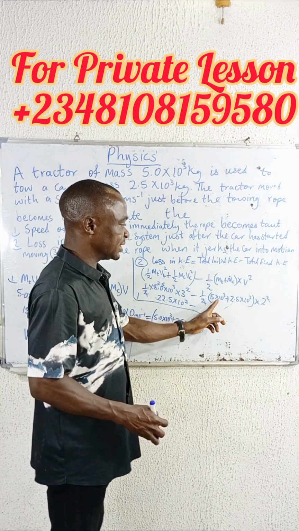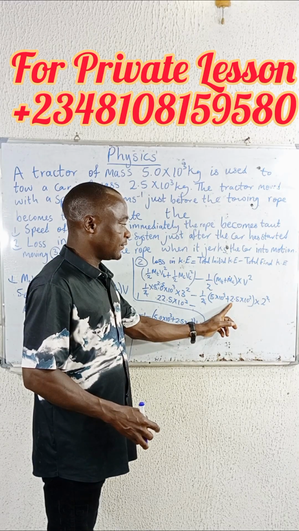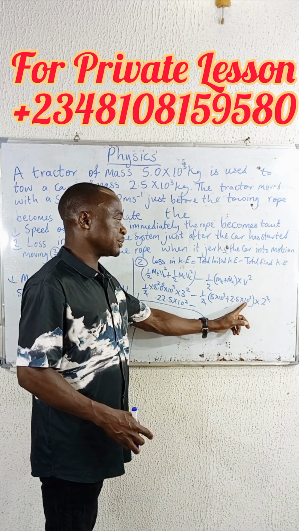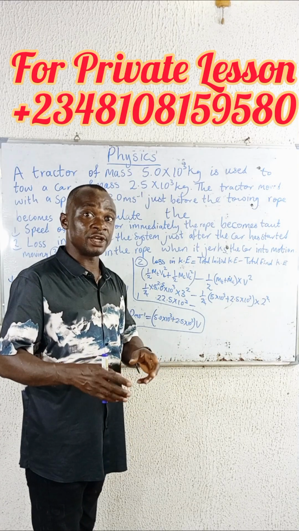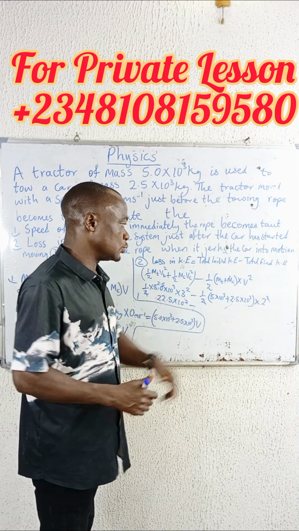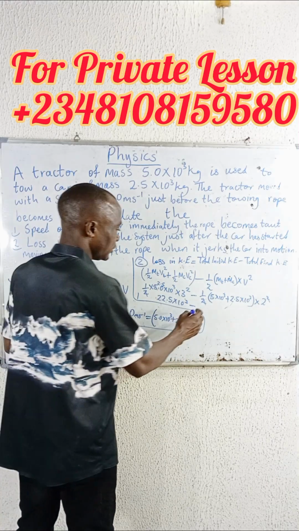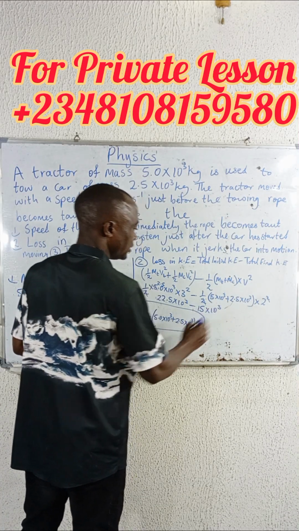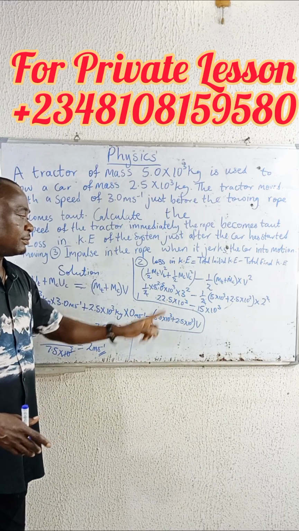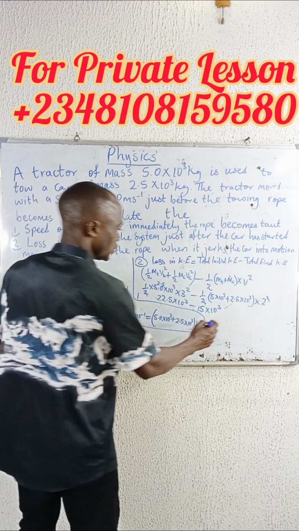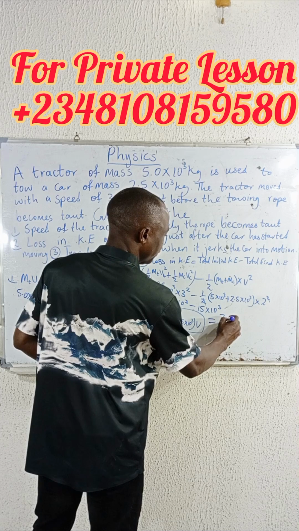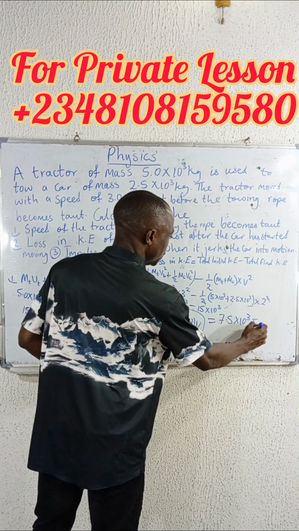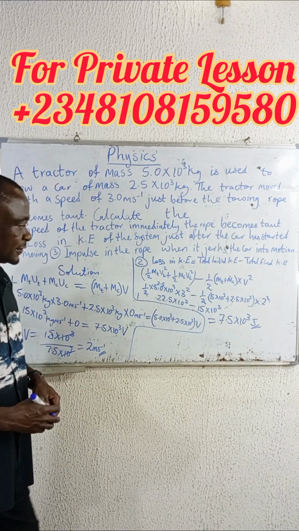Inside this place is 7.5: 5 exponential 3 plus 2.5 exponential 3 will give us 7.5 exponential 3 times 2. That will give us 15 exponential 3. 22.5 minus 15 will give us 7.5 times 10 raised to power 3 joule. This is the loss in kinetic energy.